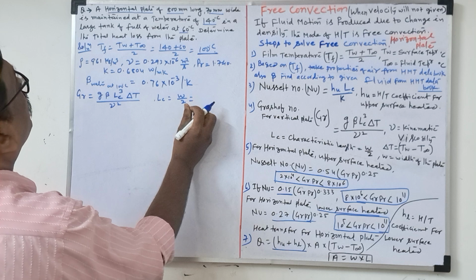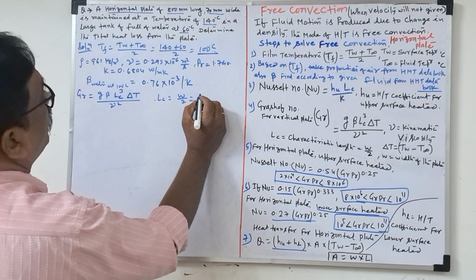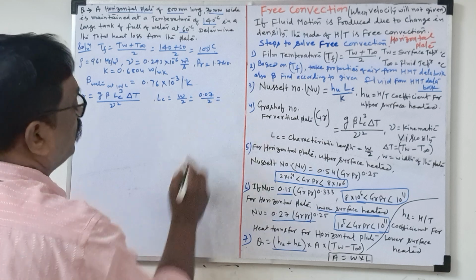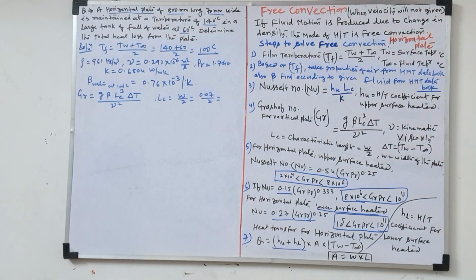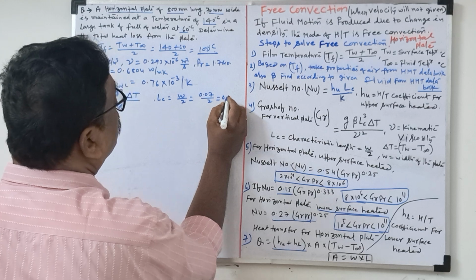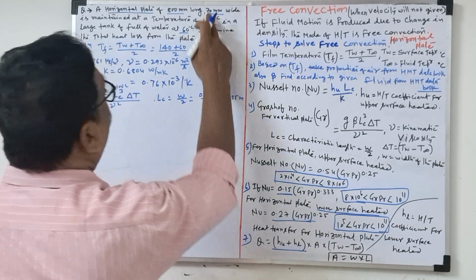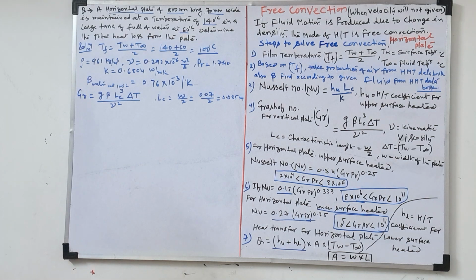How much width is given? 70 mm, so 0.07 by 2. The characteristic length LC is 0.035 meter, because we converted from mm.